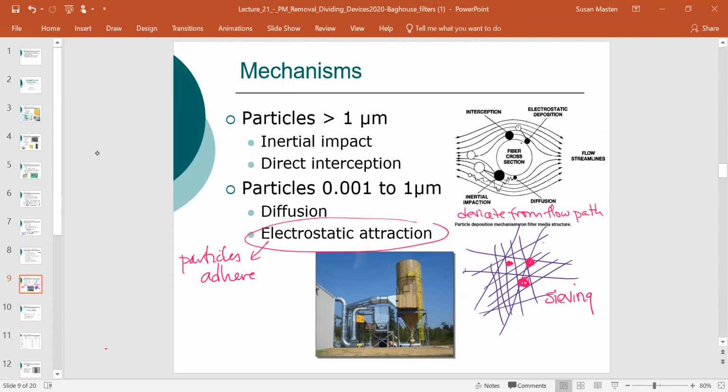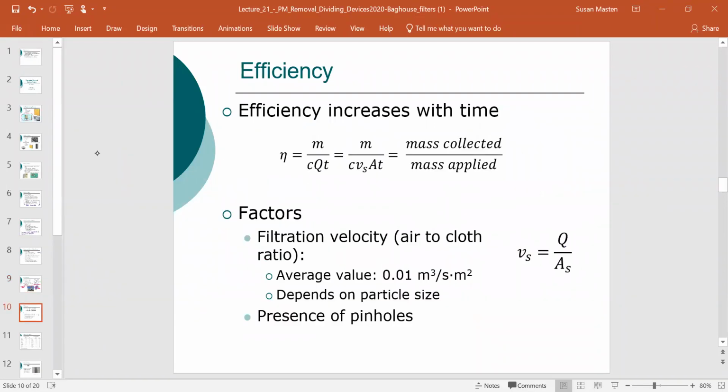So there has to be some sort of an attraction force. Otherwise, those particles would just detach from that material and move right through. So we have a removal mechanism, but we also have to have some sort of an attraction to keep those particles on the filter.